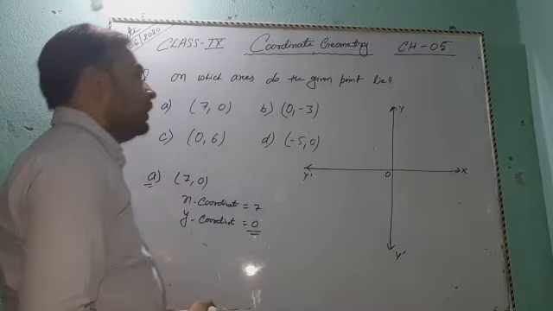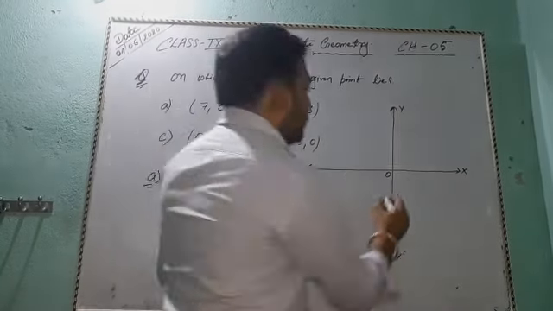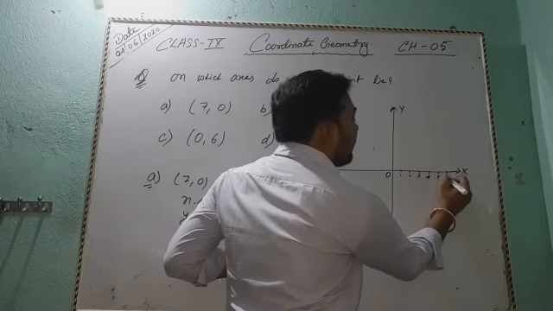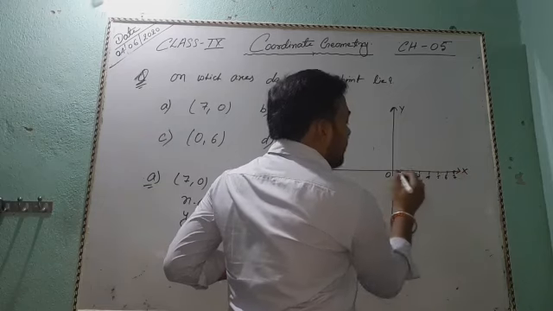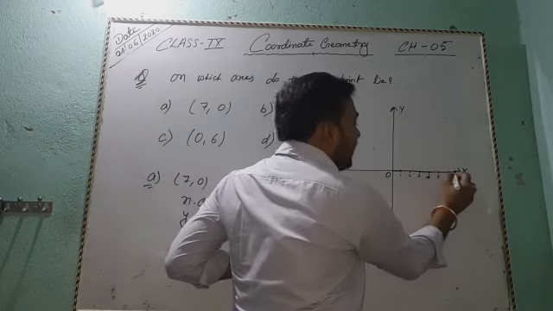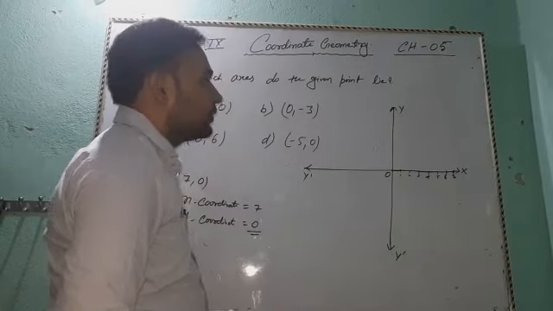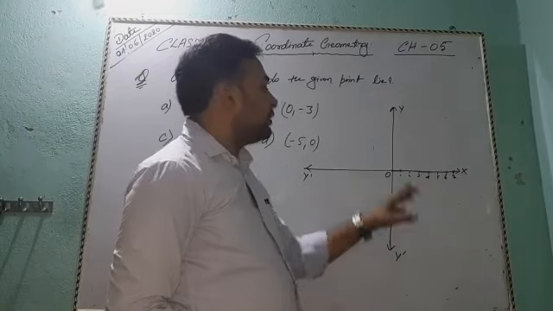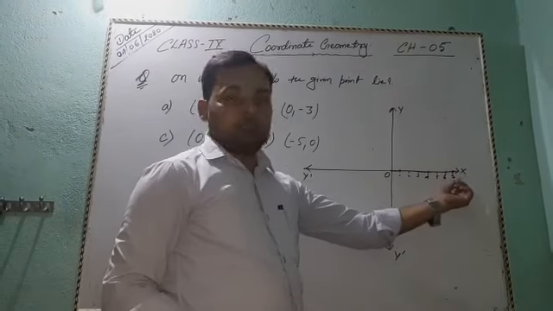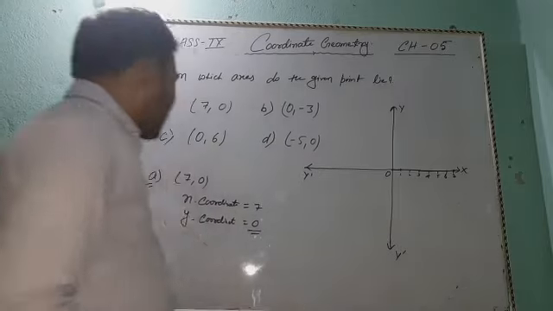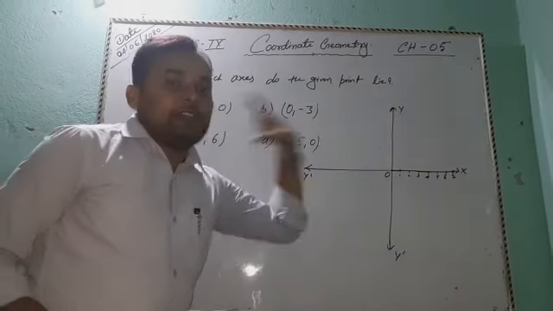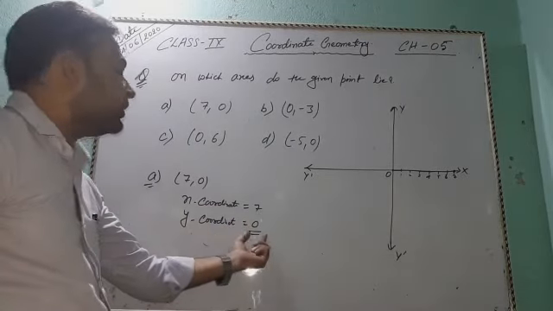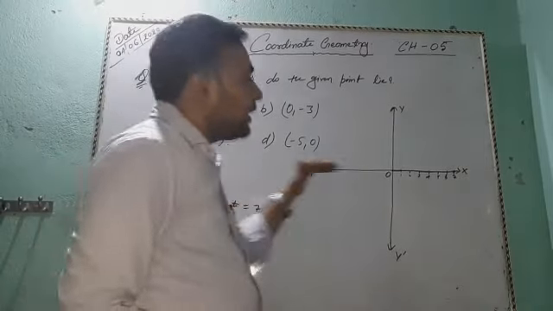It means the x coordinate is 7. So 1, 2, 3, 4, 5, 6 and 7. The distance of the point from the y-axis is 7, and the distance from the x-axis is 0. It means the point lies on the x-axis. Because the x coordinate is 7 and the y coordinate is 0, the point lies on the x-axis.